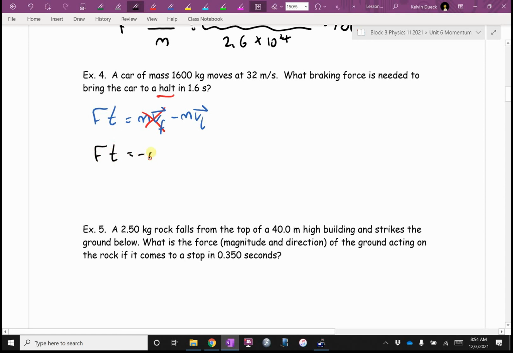Ft equals negative mv initial. What am I trying to find? So? Yep. Apparently yet another equation for force that I'm not going to bother trying to commit to memory.